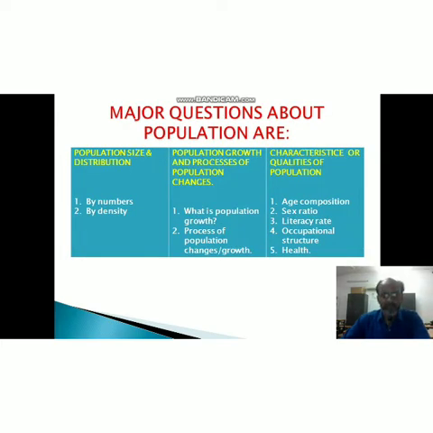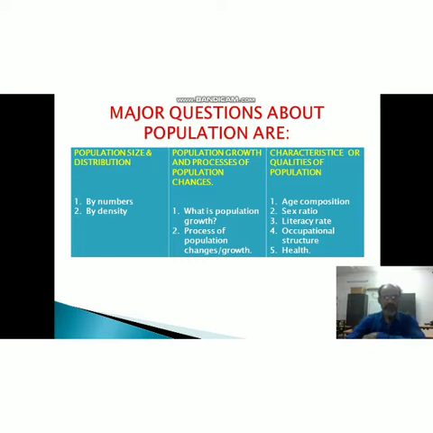In this chapter, we will know the major questions about the population. What are the major questions? Population can be understood by three factors. First one is population size and distribution, by numbers and by density. What is the total population? What is the density of that particular area, particular country?